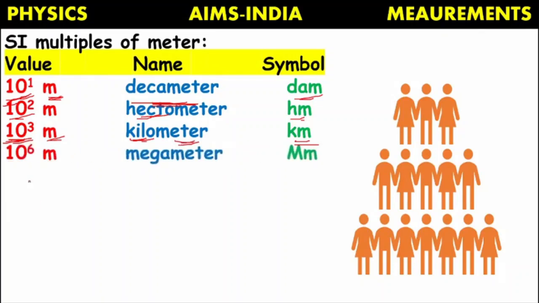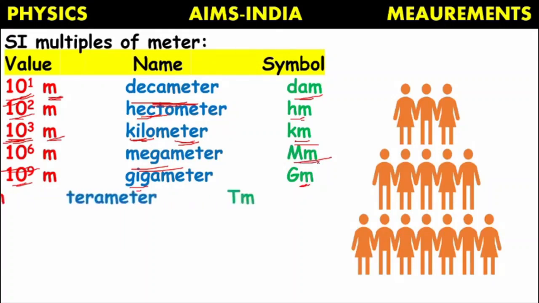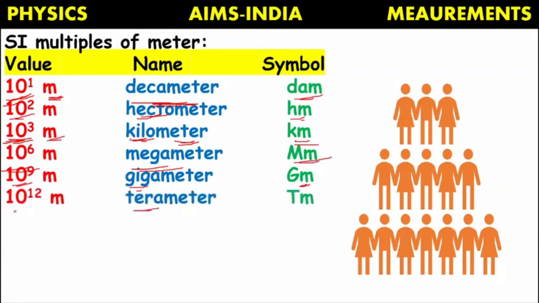In the same way, 10 power 6 is termed as megameter. 10 power 9, gigameter. Symbol is capital G, small m. Megameter symbol also capital M, small m. Next, terameter, 10 power 12. Terameter, capital T, small m.